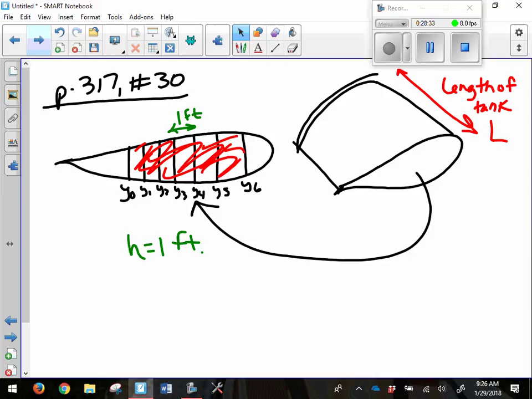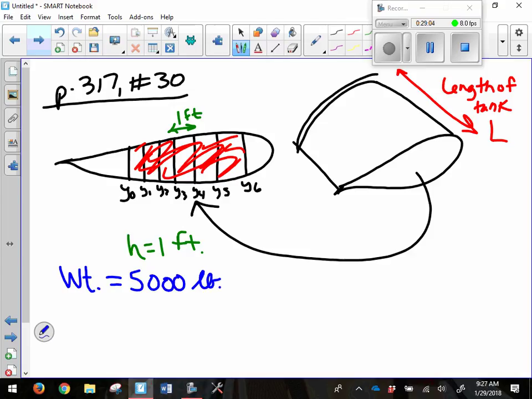So let's think about this for a minute. I know that the weight that has to be in my tank is 5,000 pounds. Everything has a weight.